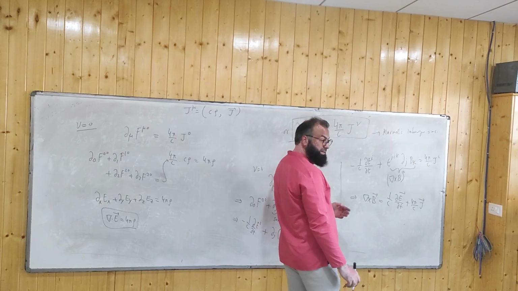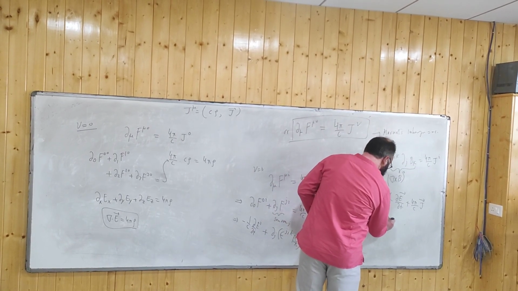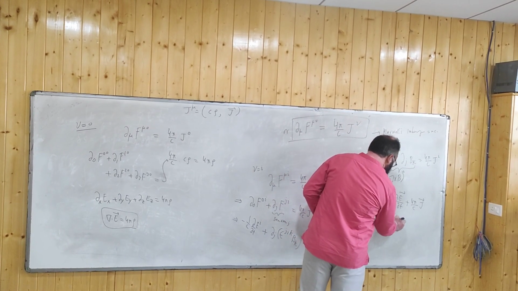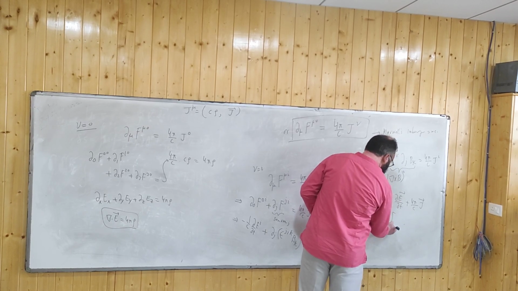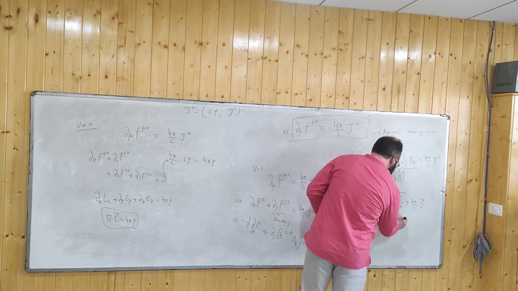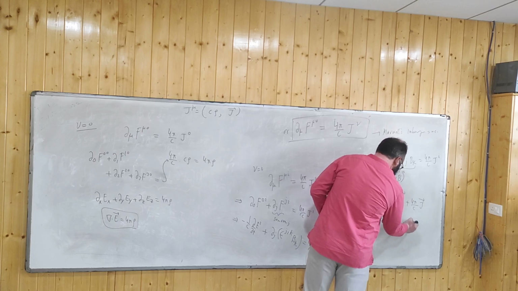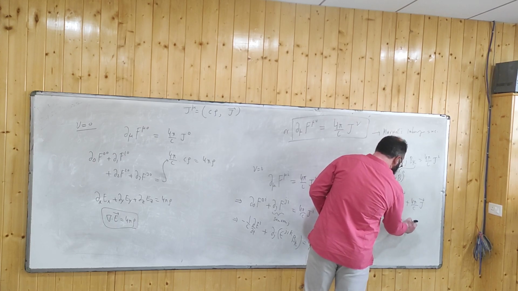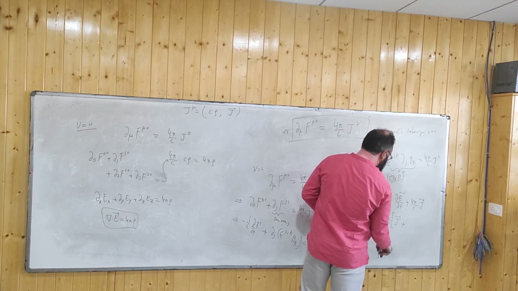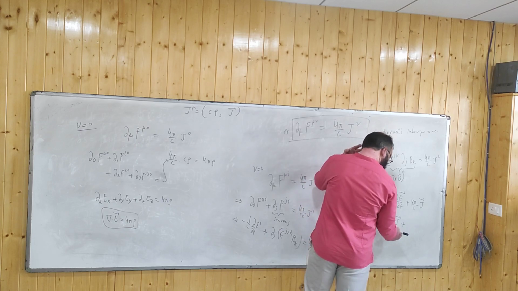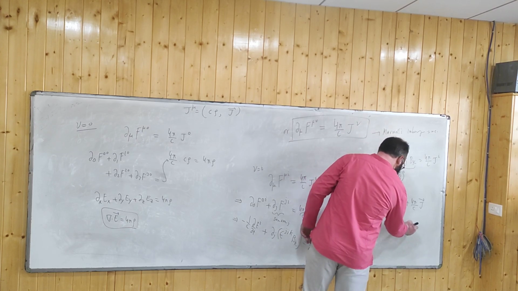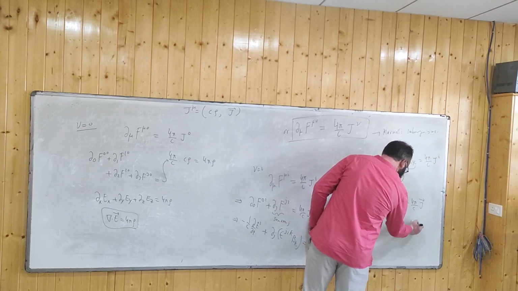So you can take 4π out. Let's write this one, J. Anybody? So when I take 1/c out, what happens? 4π/c out, 1 divided by 4π.